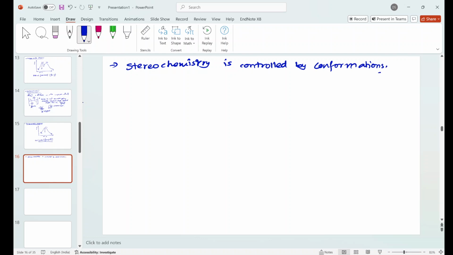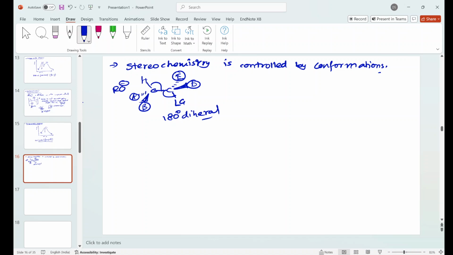Let's say you have this nucleophile, exactly the thing I was telling before. We have E and one group here, D. These two are at 180-degree dihedral.